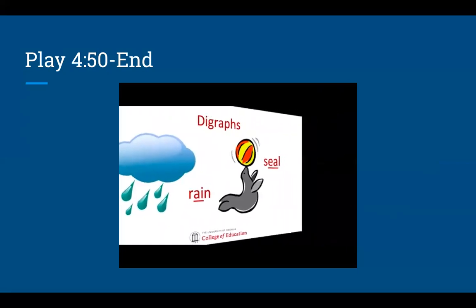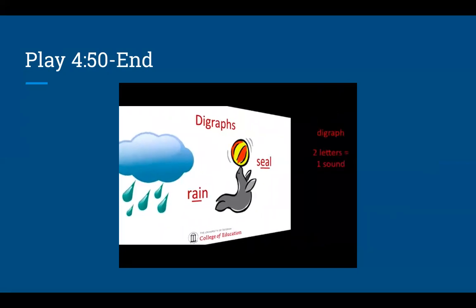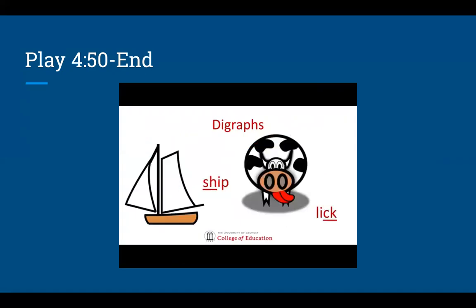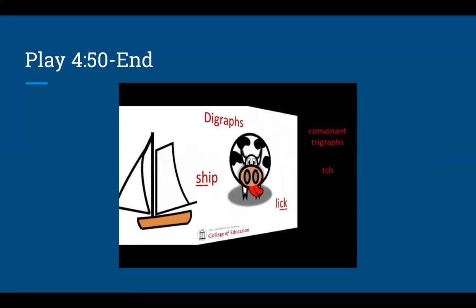A digraph is composed of two letters that represent one sound. There can be vowel digraphs, as in AI in rain and EA in seal, and consonant digraphs, like SH in ship and CK in lick. Finally, there can also be consonant trigraphs, like TCH.